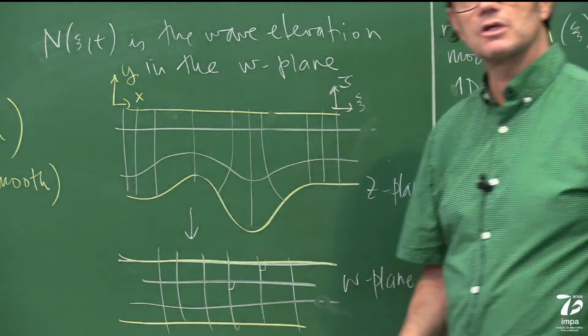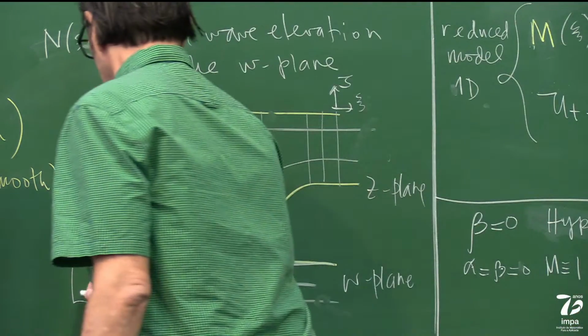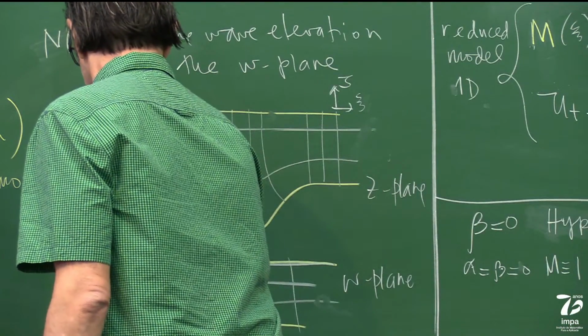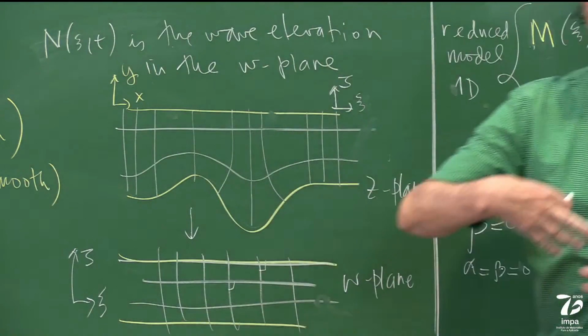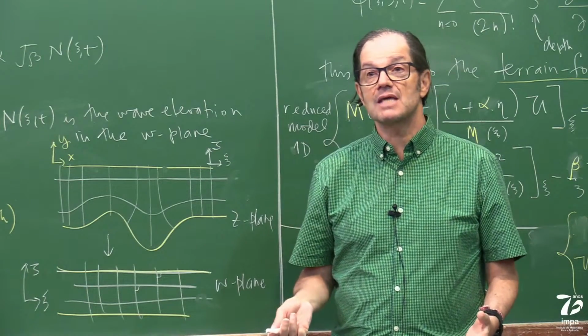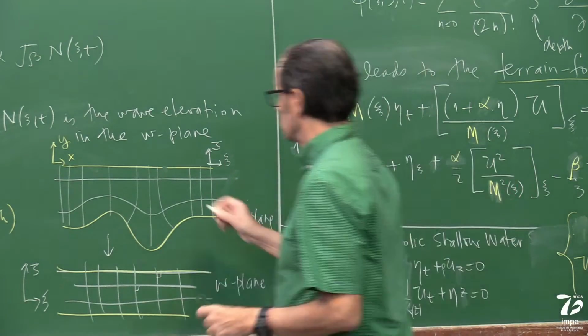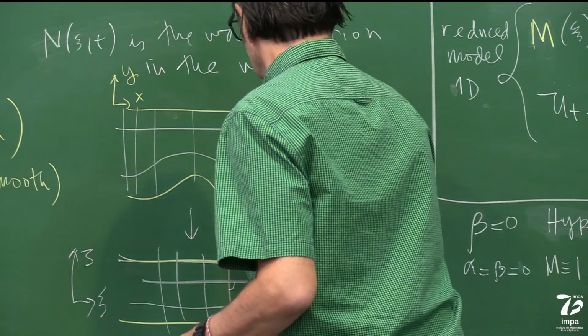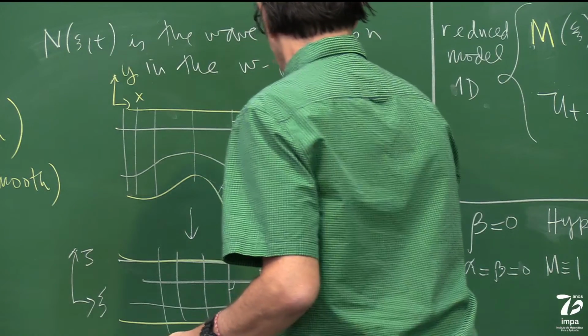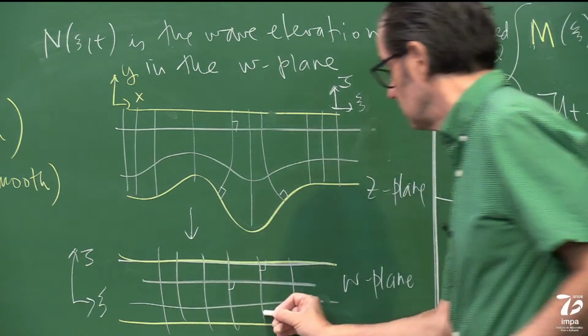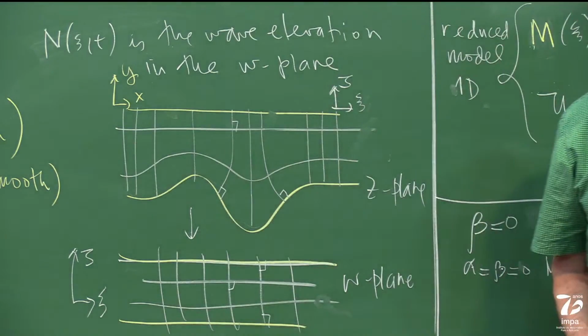But when I do conformal mapping, as I said, it preserves angles. We learned this in complex variables. So all these angles here are right angles, because they're right angles here. It preserves angles.